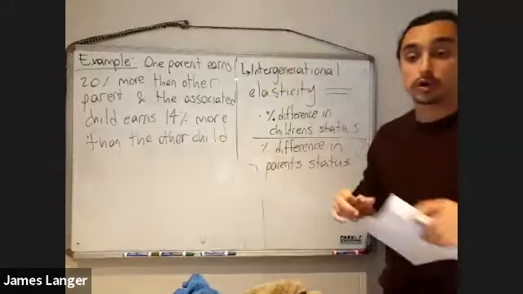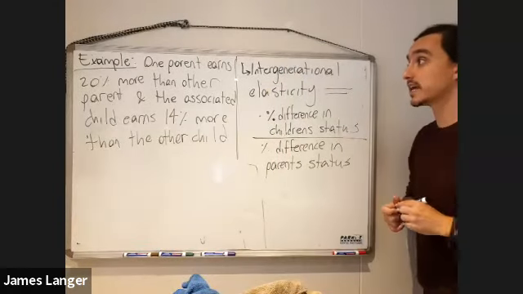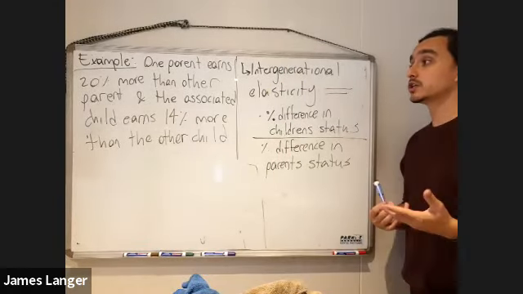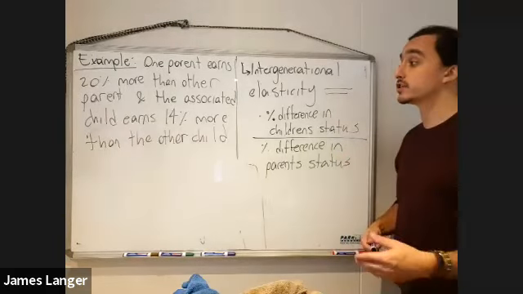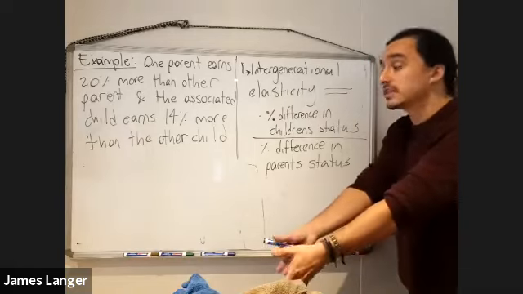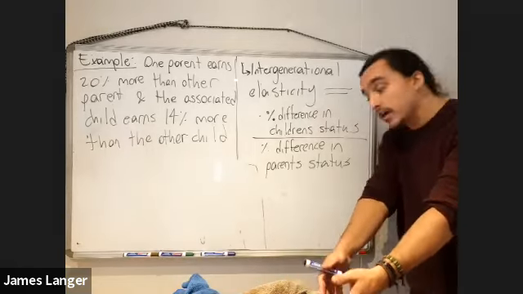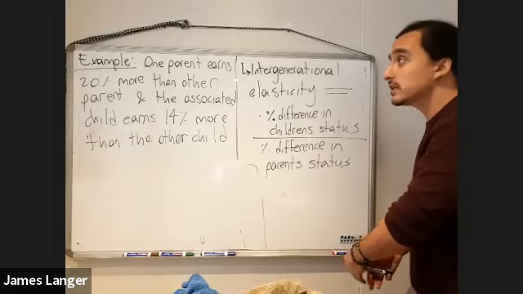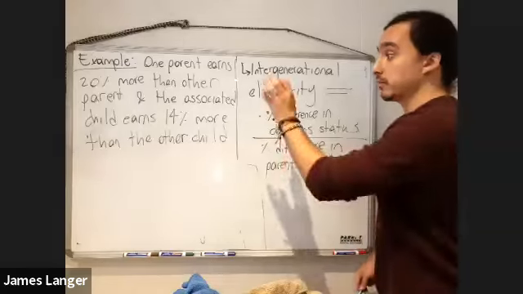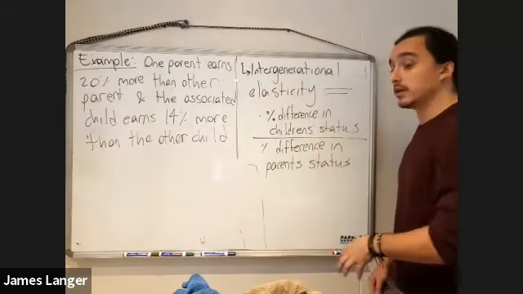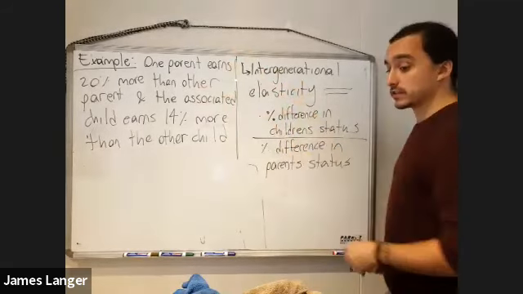So we look at two parents back in the day. One parent was earning 20% more than the other parent, and then fast forward to the next generation, that parent's child is now earning 14% more than the other parent's child. So you've got parent A who has child A, and parent B who has child B, and these are the differences between the two.